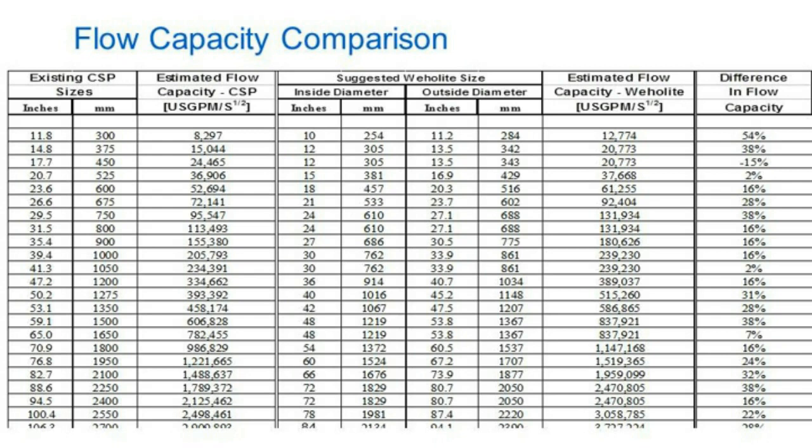In reality, we recommend a 72-inch or 1,800 millimeter culvert, which would be the recommended size from a purely fitting point of view. This would reduce the amount of grout that's used and therefore reduce the overall cost.